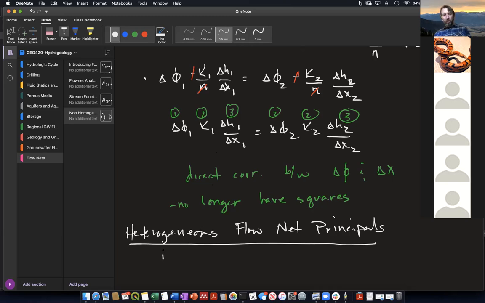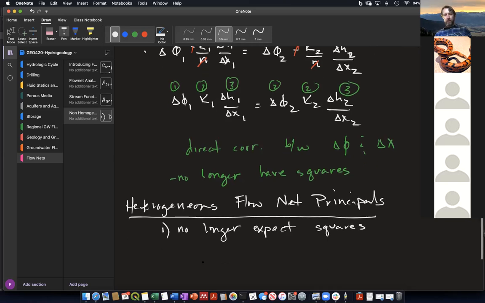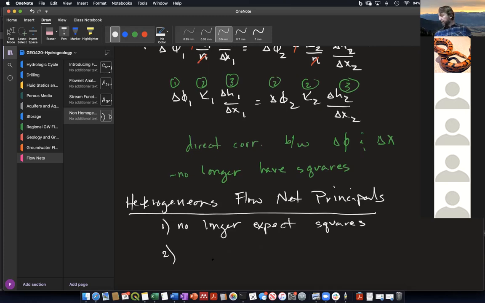So one is we no longer have squares. We already wrote that. We no longer expect squares. All right. As our hydraulic conductivity goes up, then our gradient goes down.